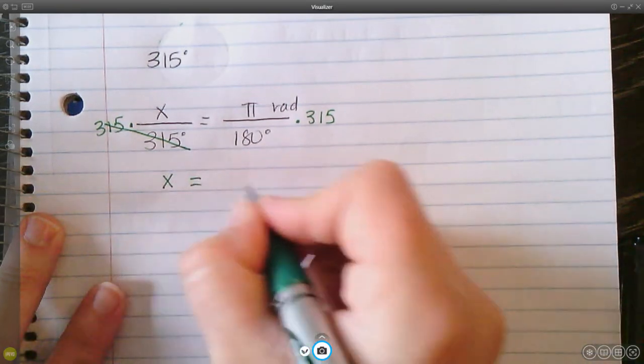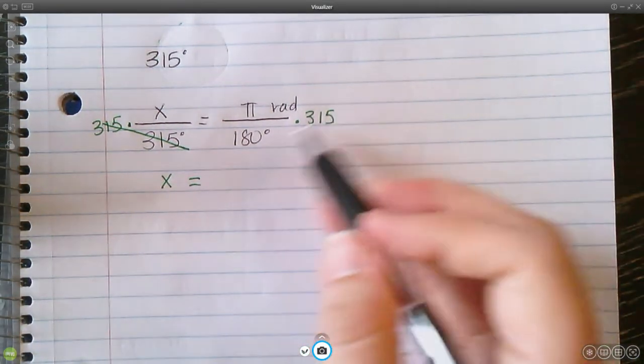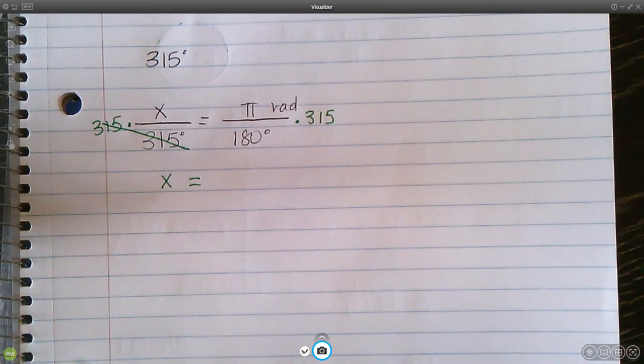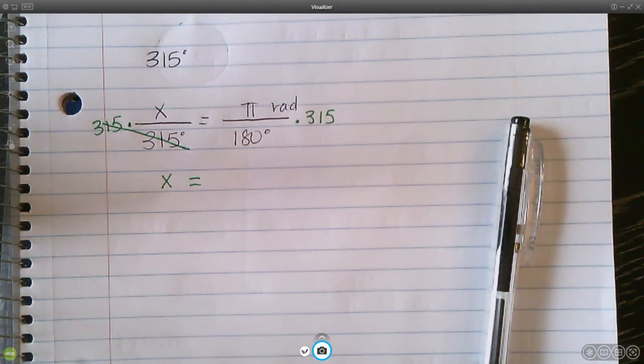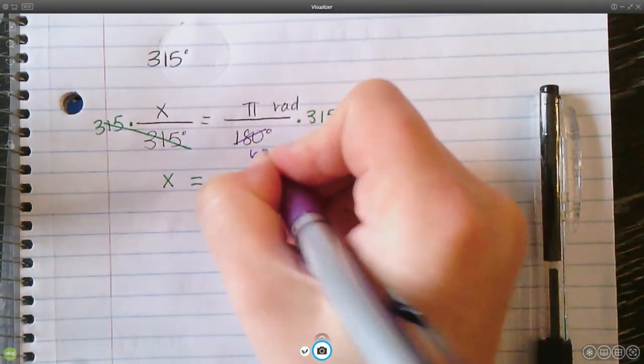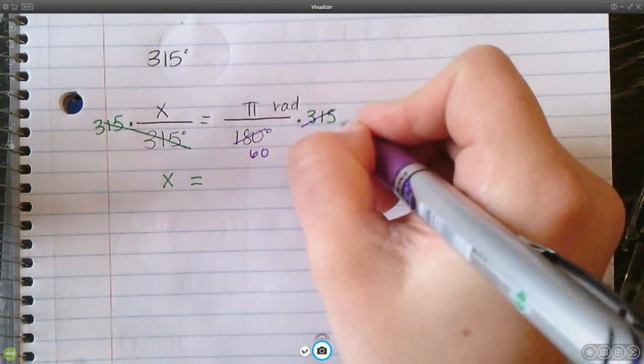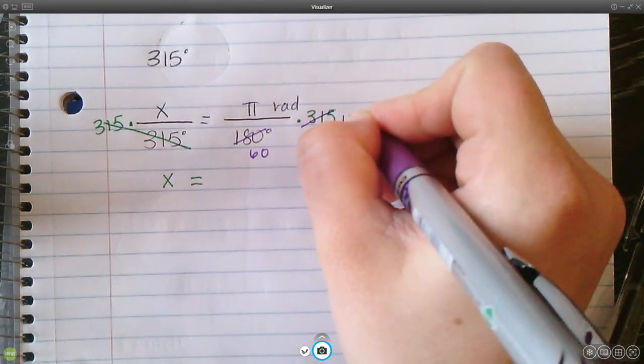So you have x equals, oh boy, what goes into both of these? I think 3 does. So if I take 180 divided by 3, I get 60. So I'm going to turn this into a 60. If I take 315 divided by 3, I get 105.